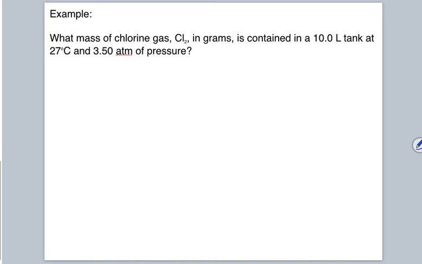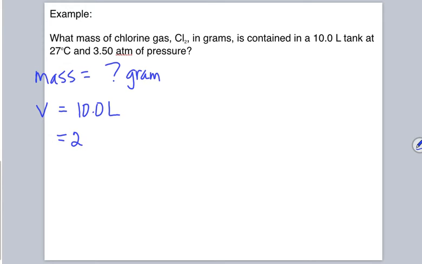The question is, what mass in grams is contained in a 10-liter tank, so 10 liters, that's volume, at 27 degrees Celsius? Well, that's temperature. It's a gas. We're talking gas laws, so we're going to change that to kelvins. And 3.5 atmospheres of pressure, so 3.50 atmospheres.